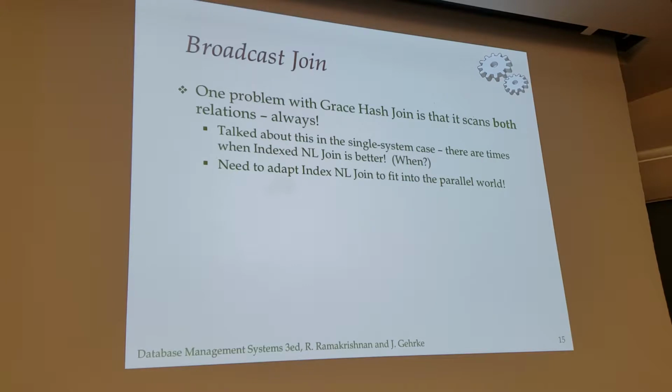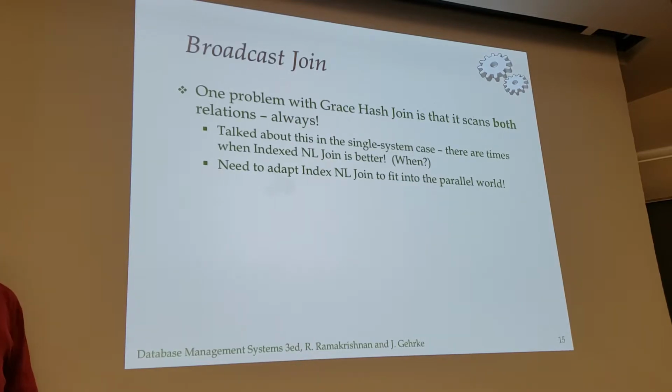No, the sailors table isn't all that big, but let's take the case in which you're looking only at some set of sailors, and you don't really have to look at all the reservations to be able to go ahead and do this. There are, again, various things that you can play on this. But with Grace hash join, whatever the R and S are that you're joining, you have to deal with everything in R and everything in S. That's the way it works.